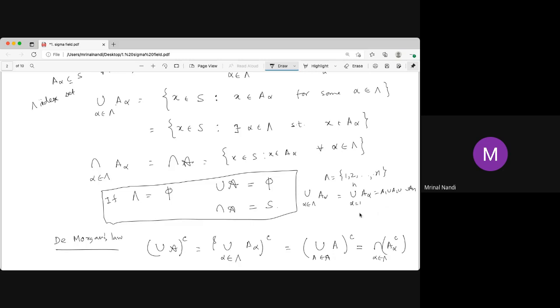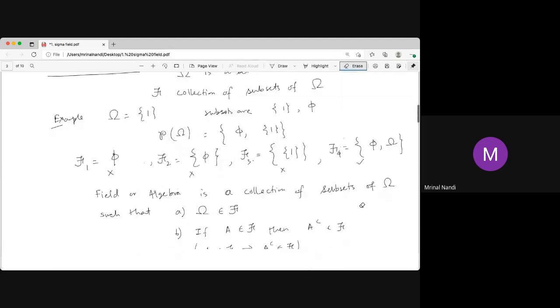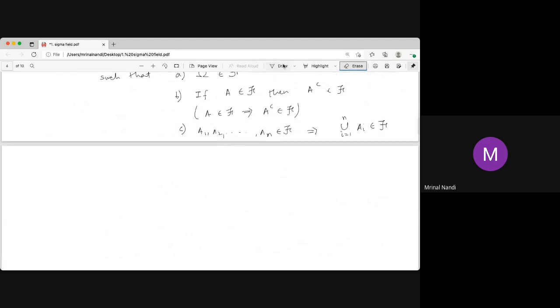Similarly for the intersection. And similarly for natural numbers, if you write alpha equal to 1 to infinity, that means alpha belongs to the natural numbers. So it is an infinite union, because the index set itself is infinite. The index set is the natural numbers here.